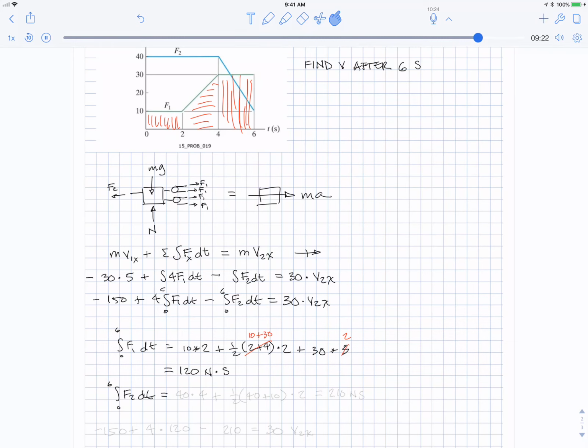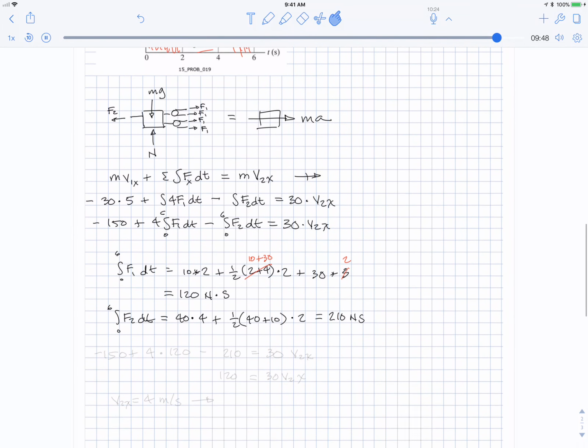And so the area under that blue curve is 40 times 4 plus 1/2. The average height of the trapezoid is 40 plus 10, half of that times the width of 2. And that equals 210 newtons seconds.